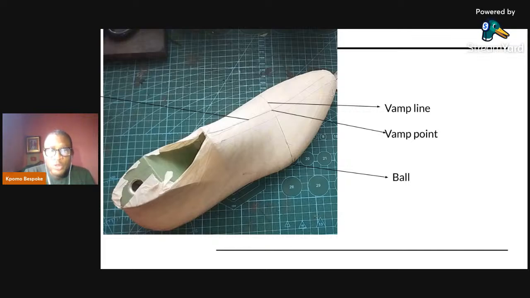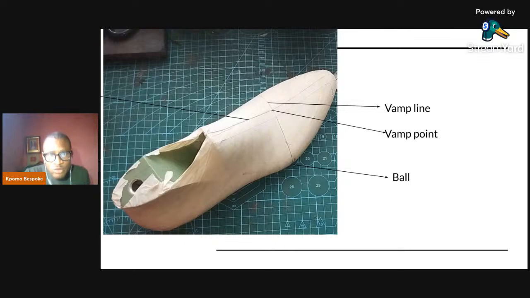Now, you remember when we talked about the balls? The balls are the widest point. So if you lie this last on a flat surface, the point where this widest point touches the ground, you mark that point. The point where it touches the ground on the other side, you also mark that point. Then you take your tape rule, and join those 2 points.